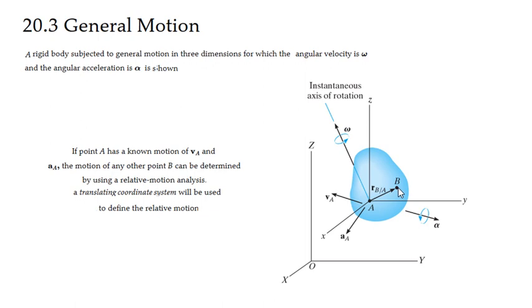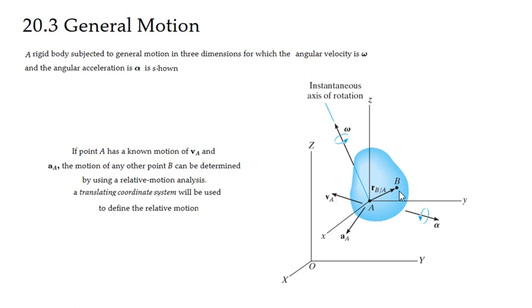How do we calculate motion quantities? Motion quantities are your velocity, acceleration, angular, and also regular stuff. So how do we calculate these quantities at that point? We use the relative motion analysis, because the motion is relative.